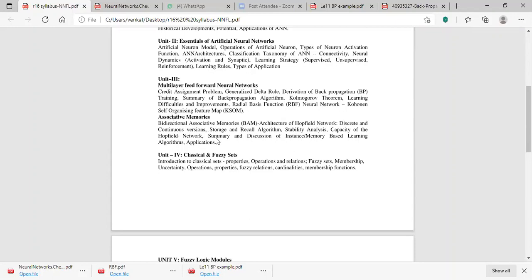Next, associative memories. In continuation with that, we have associative memories. So you can ask any queries. If you have any queries, you can type in the chat box.